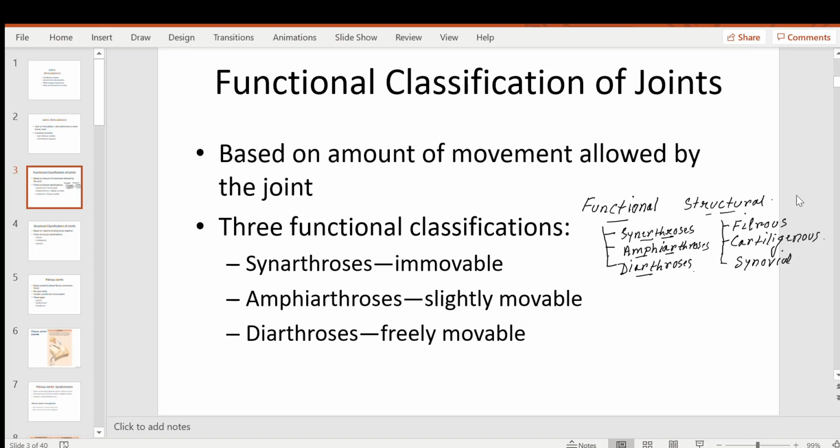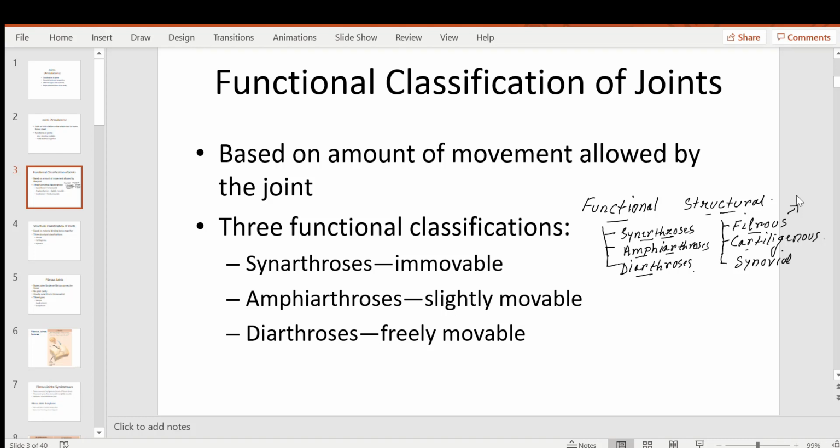Okay. Fibrous joints are the joints where the bones are held together by dense fibrous connective tissue. That's why they are called fibrous. Dense fibrous connective tissue holds the bones together.